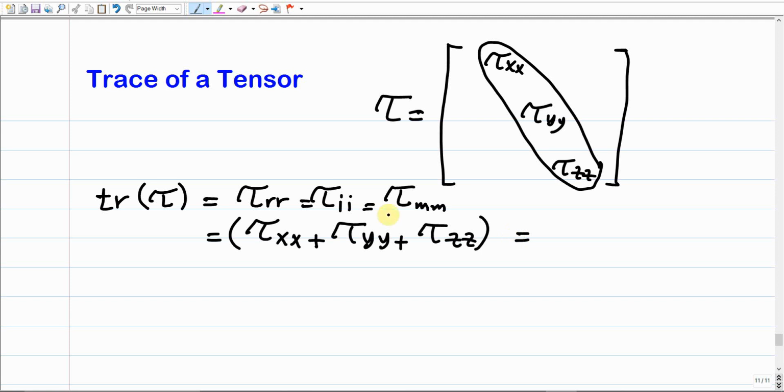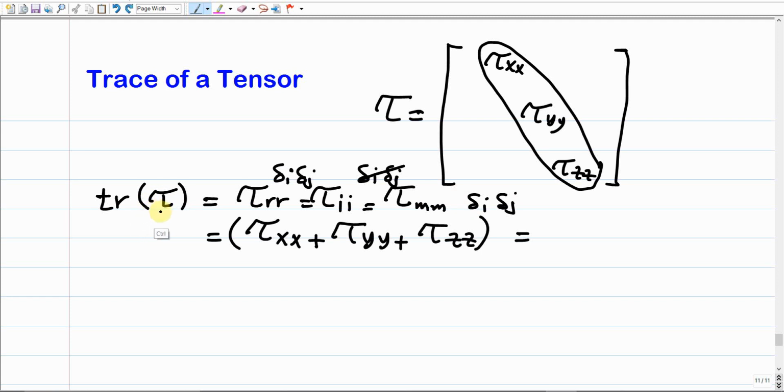If you sum them together, in many cases the trace of this tensor would be considered a tensor. Generally, if this is the tensor, there should be the unit vectors delta i, delta j here. But for this one, these components are eliminated because we are collecting the trace.